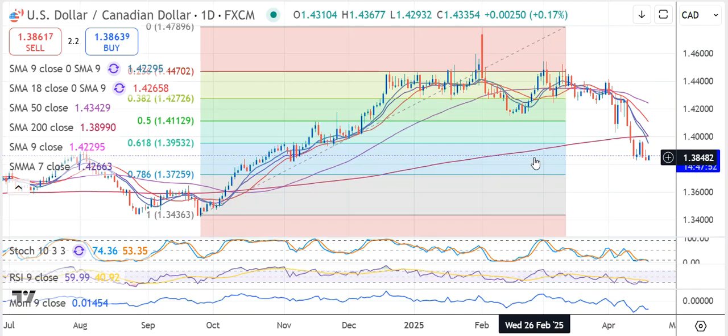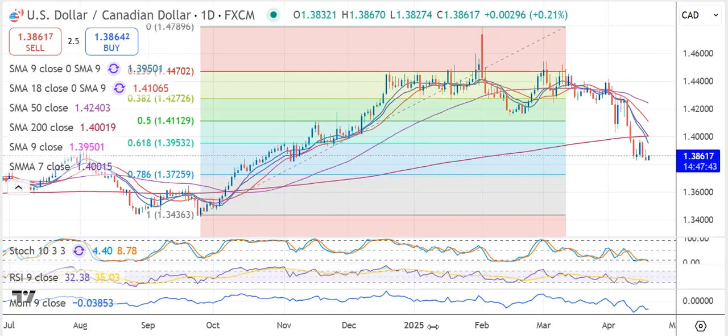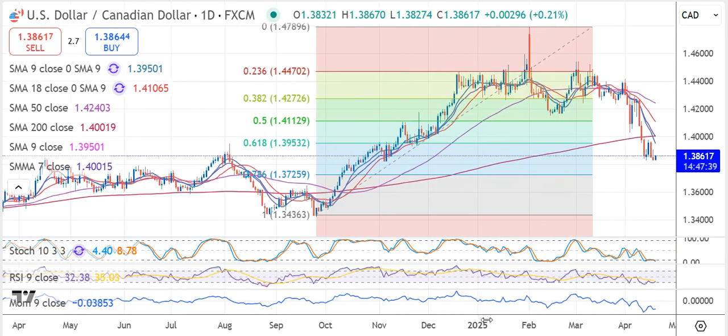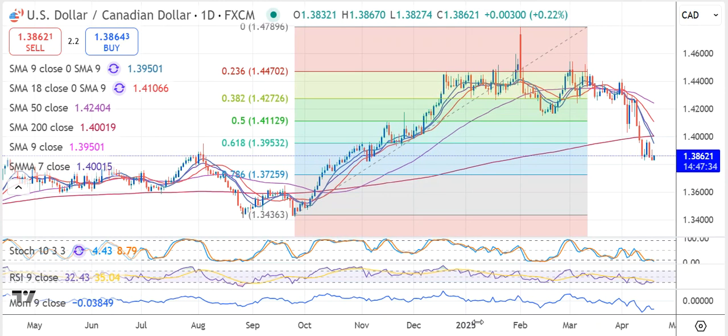So not only did we have a key reversal day, we also had this sort of topping head and shoulder pattern. So if I move this up a bit, you can see what I mean.